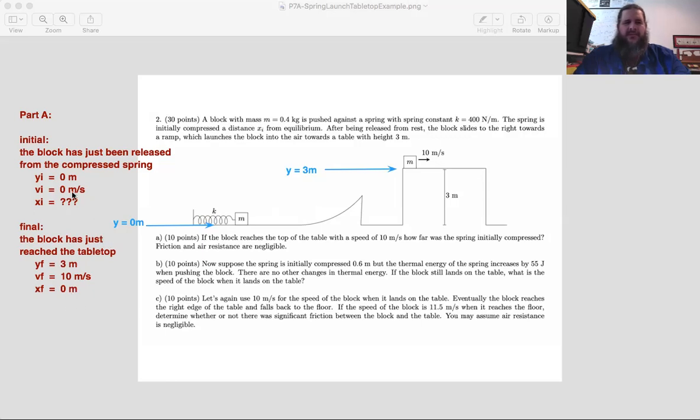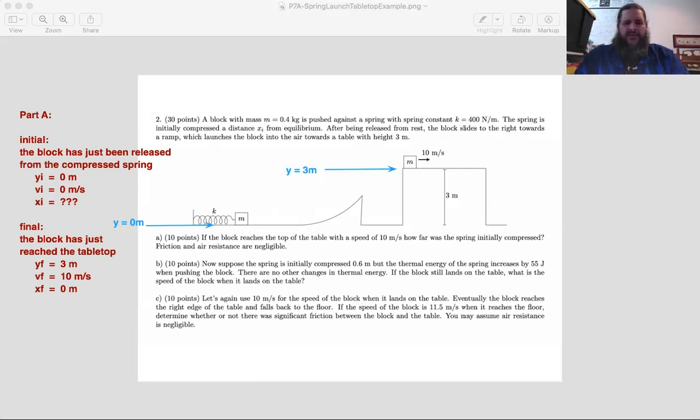Yeah, we've got a kinetic energy related to the change in speed, gravitational potential energy related to the change in height, and spring potential energy related to the change in the spring's displacement. So if we write those out, delta kinetic energy plus delta potential energy of gravity plus delta potential energy of the spring, assuming this is a closed system, because it says friction and air resistance are negligible, we can assume that those changes add up to 0.